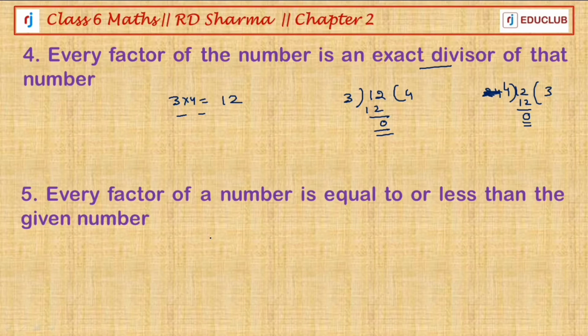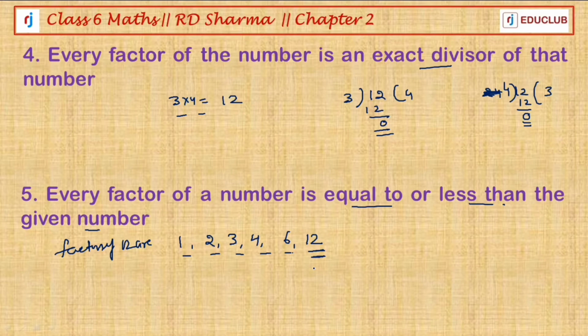You can see the factors of 12 are 1, 2, 3, 4, 6, 12. We have seen 24 also. Every factor, 1, 2, 3, 4, 6 or even 12, is equal to or less than the given number. Factors of 12 are equal to or less than 12. In the same way, factors of 24 are equal to or less than 24.